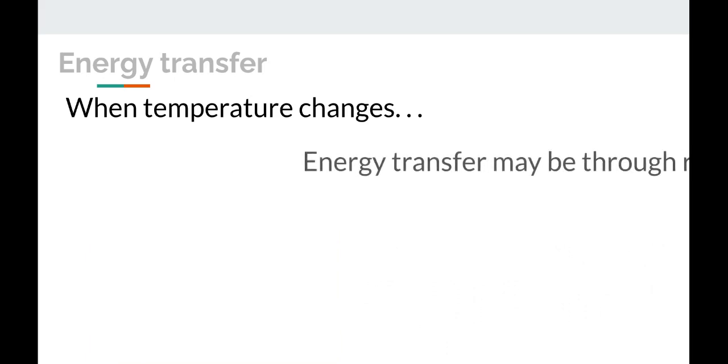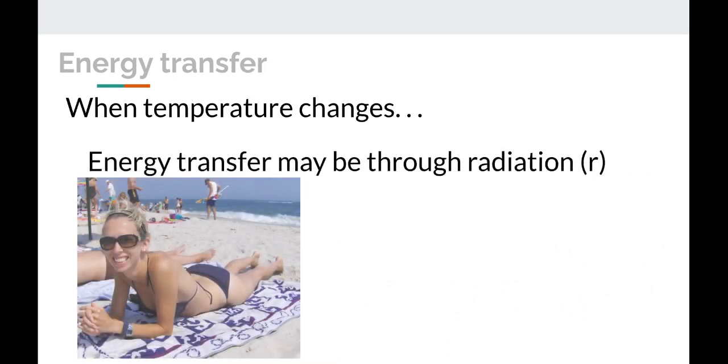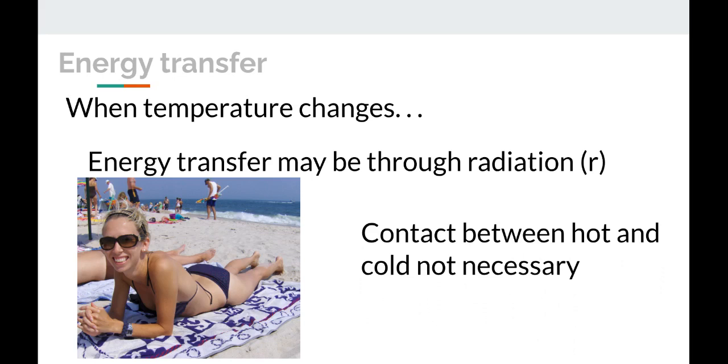When temperature changes, it could also be that the energy transfers through what we call radiation. And the difference between radiation and heat as quantities of energy transferred is that there isn't necessarily any contact required for radiation to be the energy transfer mechanism.